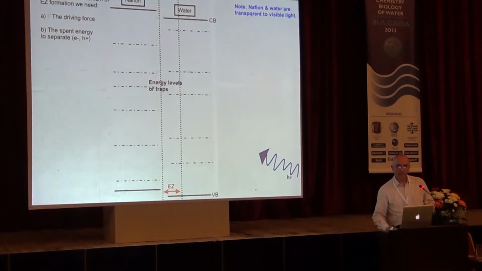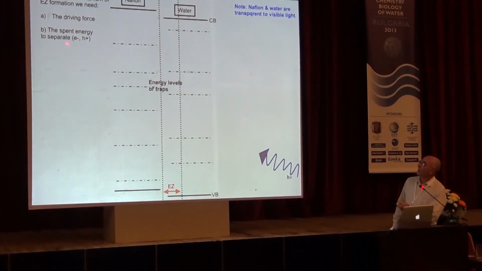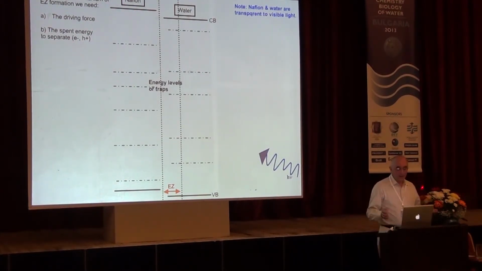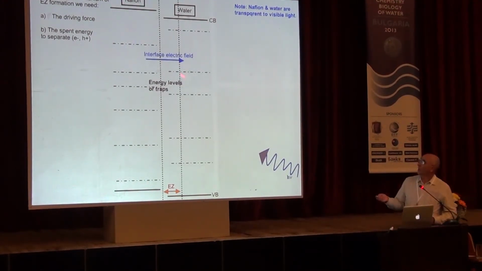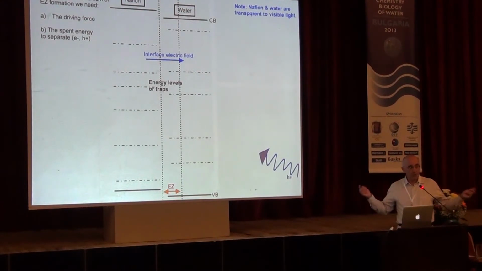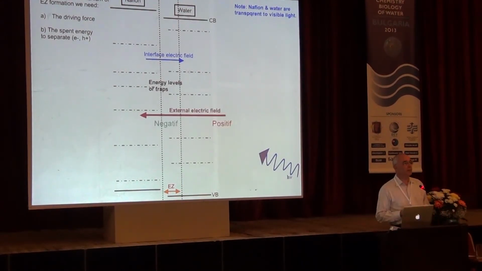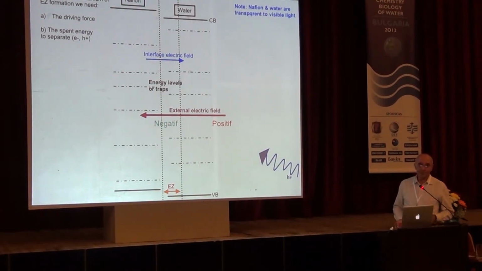So in this case, with the same system, trying to have the driving force and the spent energy to separate charges with the light shining on, we should have an electric field in this sense for the charge separated system, because the external electric field is in this sense, with plus here and negative here.